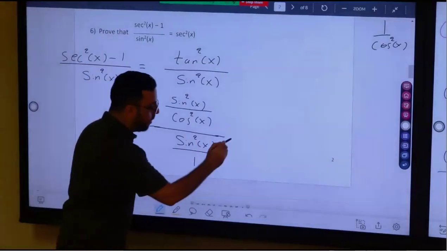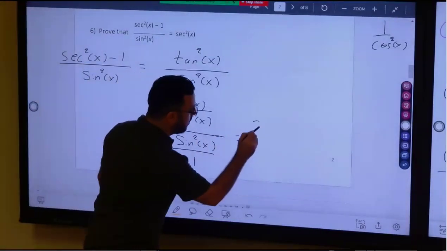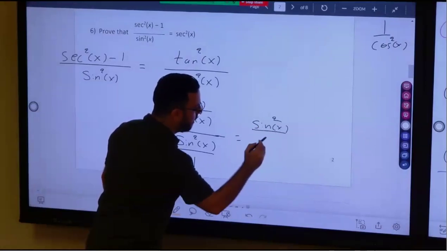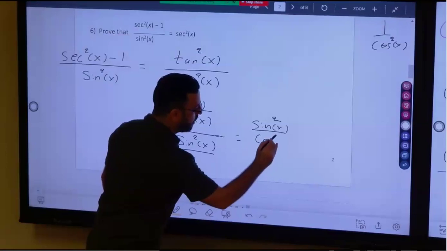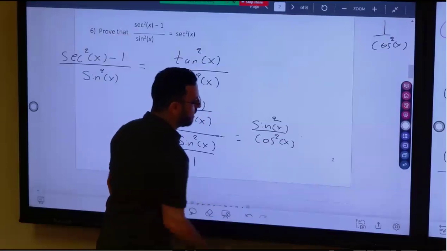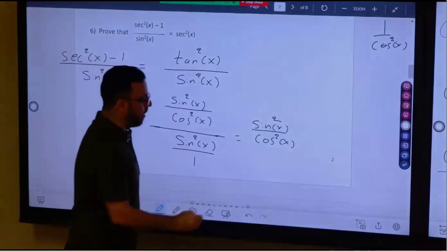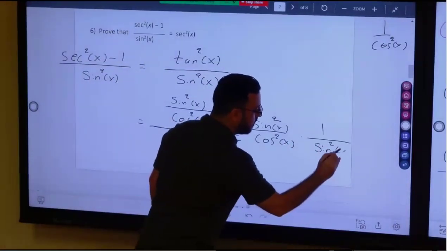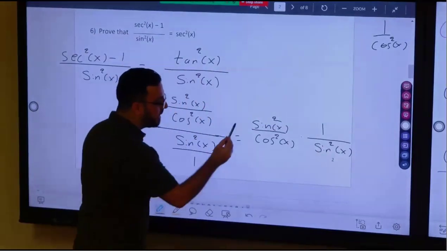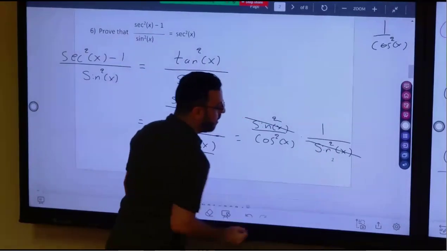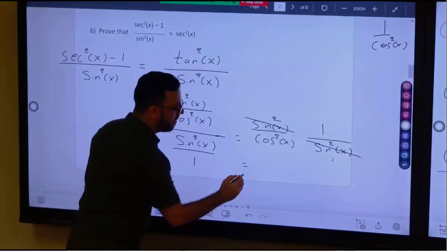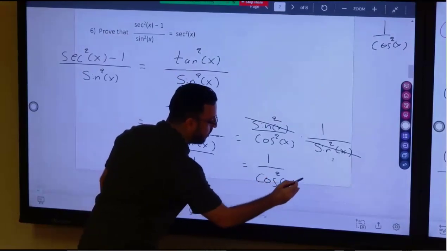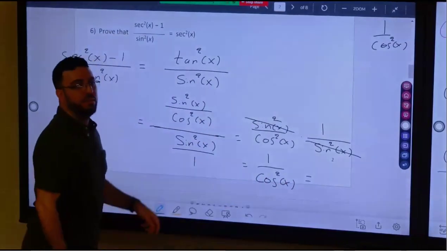So I'm going to write down the top part, which is sine squared x over cosine squared x, times the reciprocal of sine squared x over one. Now, can I cancel the sine with the sine? Yes. What's the rest? 1 over cosine squared x, which is equal to what?